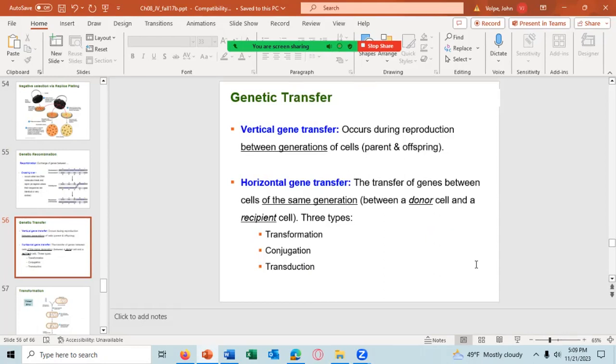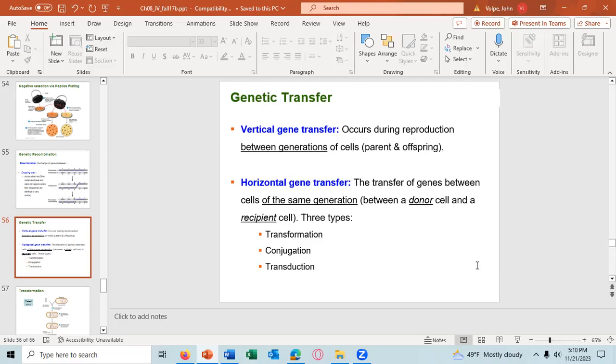All right, let's talk about genetic transfer. Vertical gene transfer occurs during reproduction, like when two parents have their DNA come together to make the offspring. That would be vertical gene transfer. Between generations of cells, the parent cell will divide and then give its genes to the two daughter cells. Okay? And that would be gene transfer between generations, vertical gene transfer.